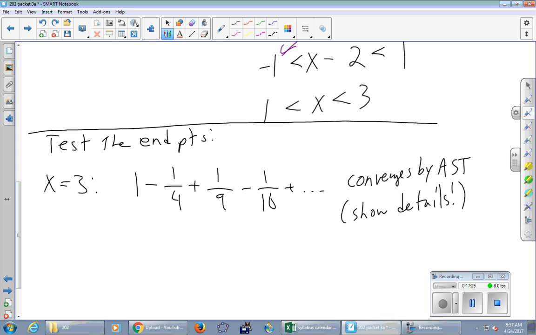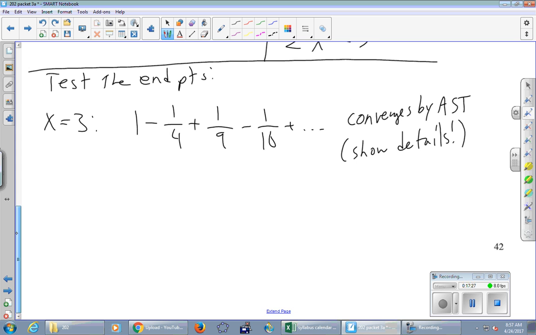Let's try the other endpoint. X equals 1. If x equals 1, go all the way back to the top of the page. How much is in every parentheses? -1. So every parentheses is going to become a -1, okay? So the first term is -1.